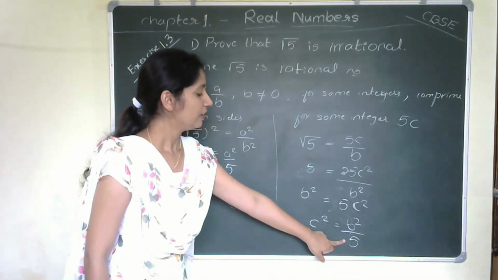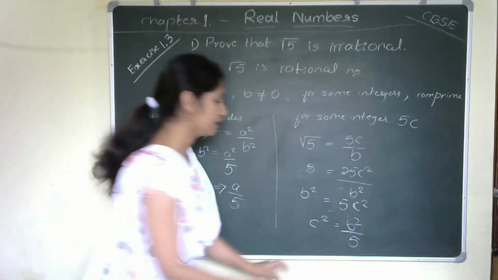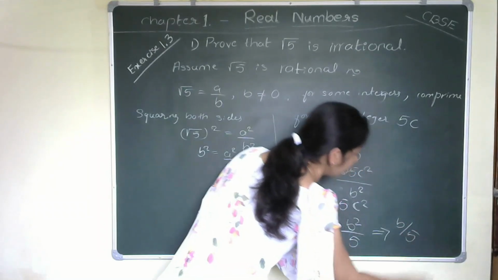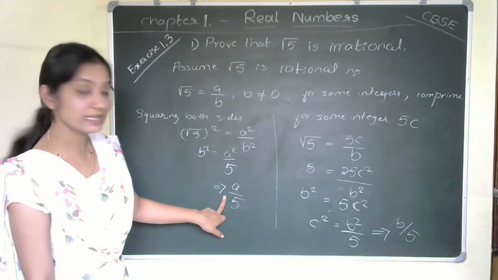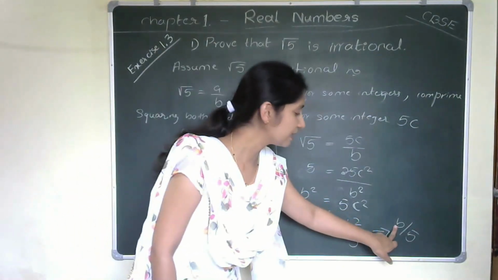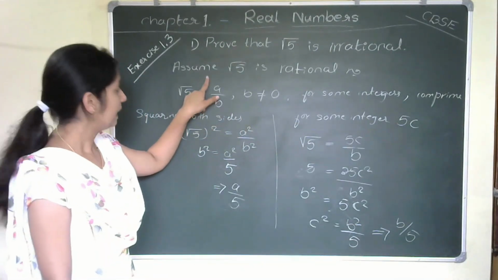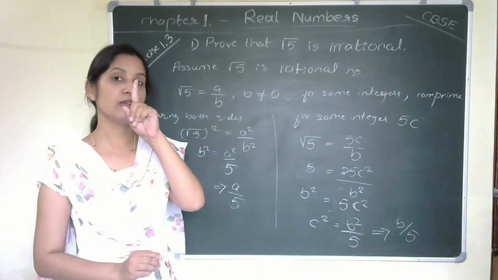Now I can write c square as b square by 5. So here it indicates b square is divisible by 5, which implies b is also divisible by 5. Again we can conclude a is divisible by 5 and b is also divisible by 5. But what we have assumed: a and b are co-prime, the common factor is only 1.